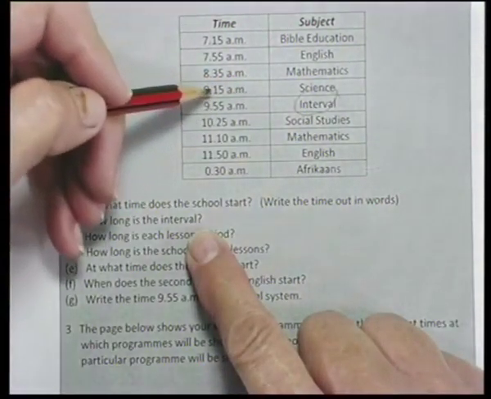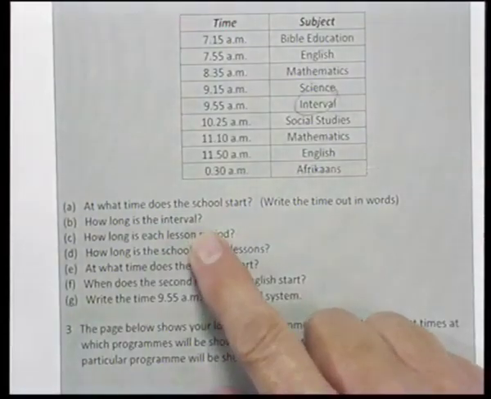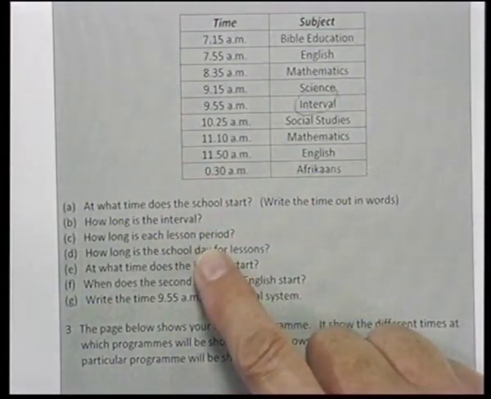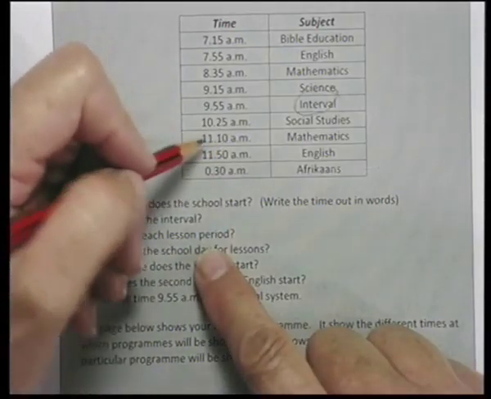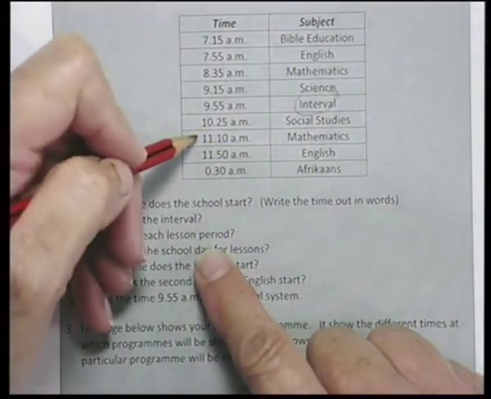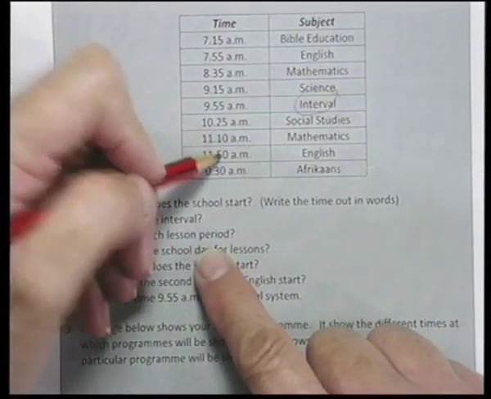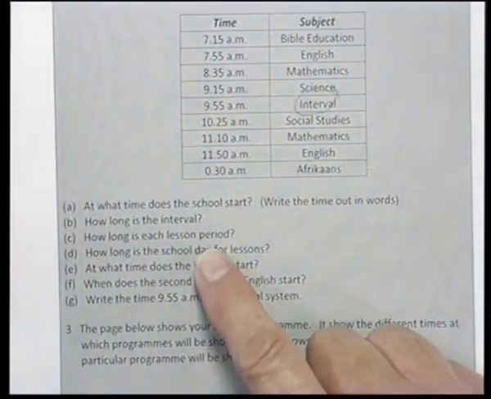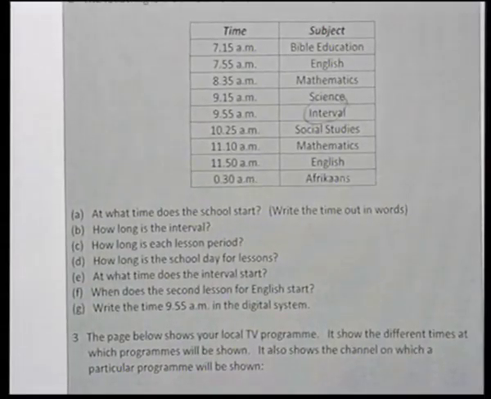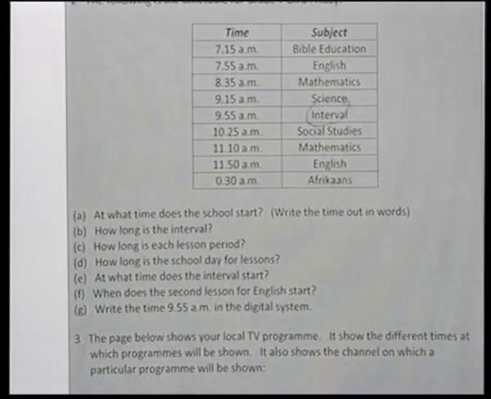So 9:55 minus 9:15. How long is each lesson period? For example, you can take 11:50 and 11:10. What is it from 11:10 up to 11:50? How long is that period? How long is a school day for the lessons? How long do they go to school?